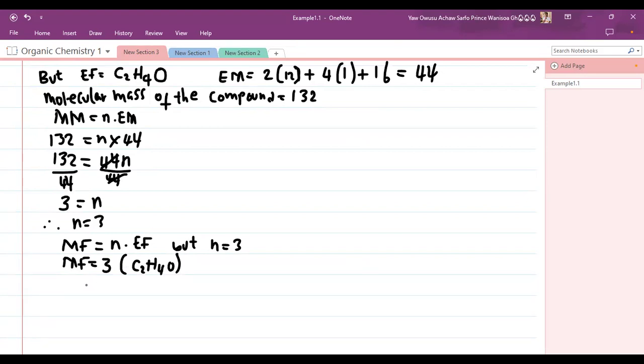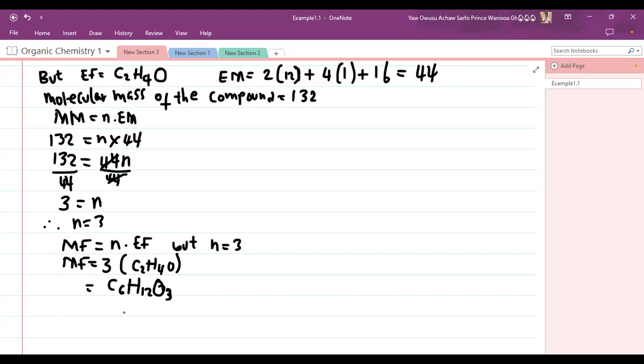So our molecular formula becomes, we multiply 3 by 2, so our C will be 6, our H will be 12, and O will be 3.